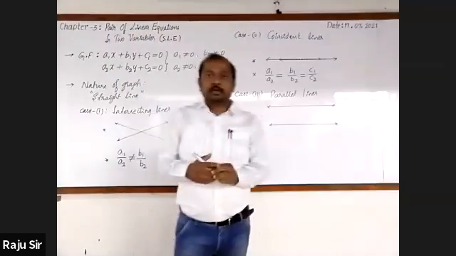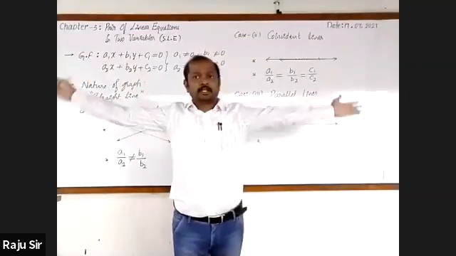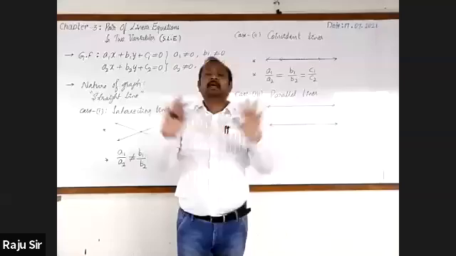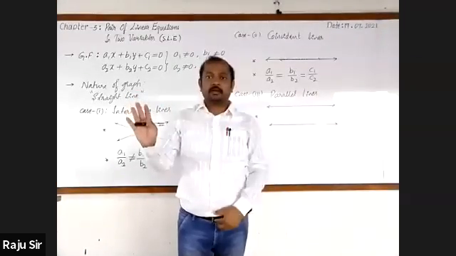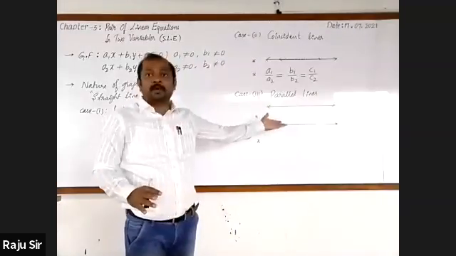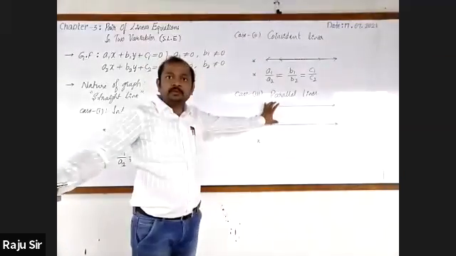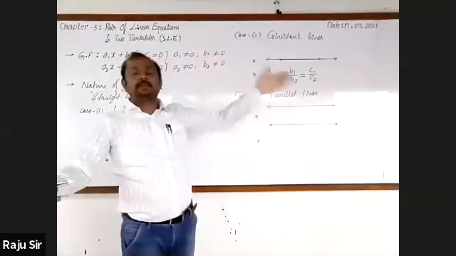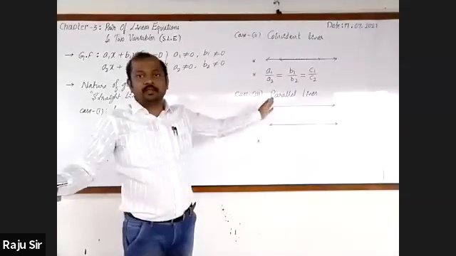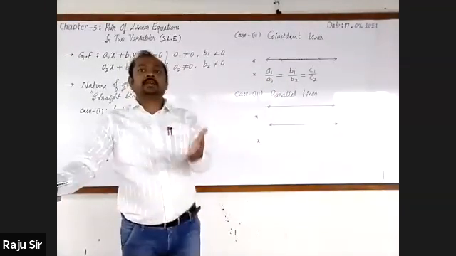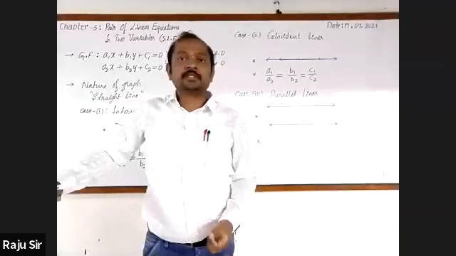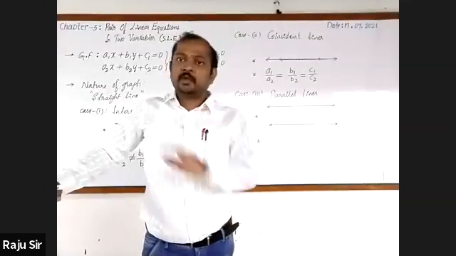Even though the lines are extended on either side to any distance, they will not meet at all, because they are parallel, which means the perpendicular distance between these two lines at any point is the same. Hence, they do not intersect each other. Then how many solutions will they have? No solution.